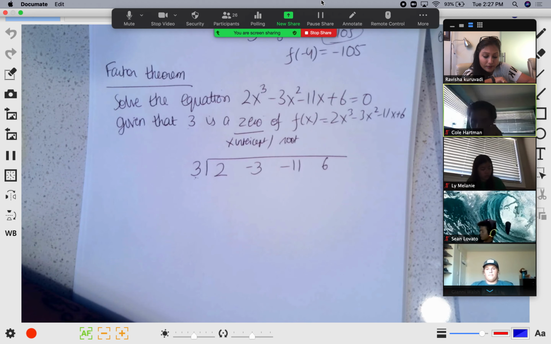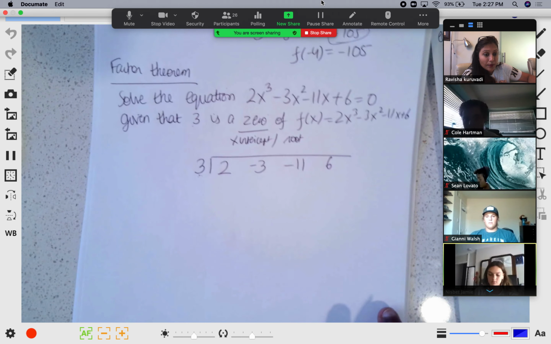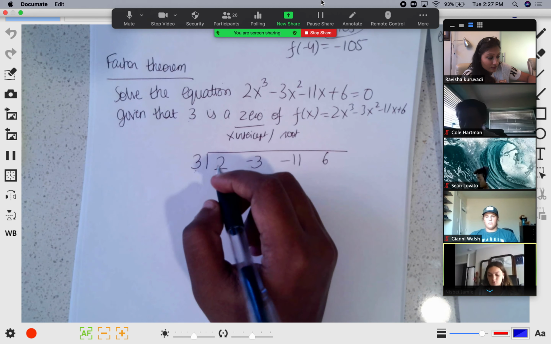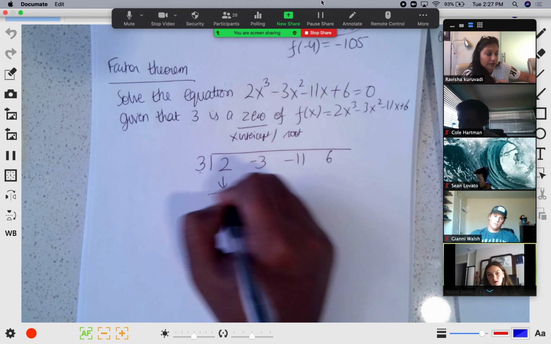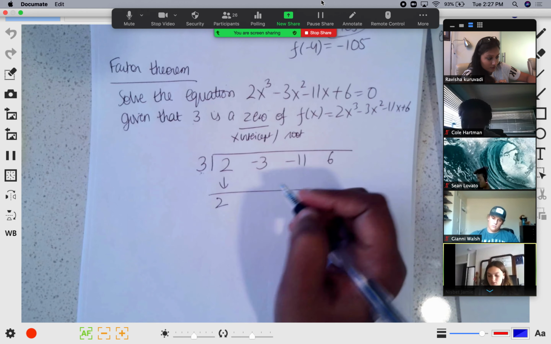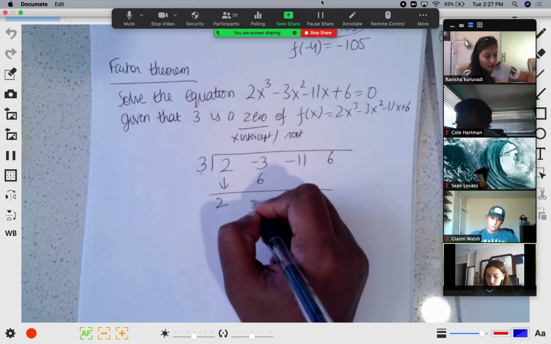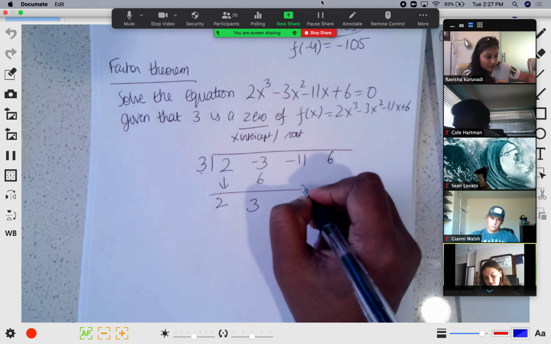Jamie, can you help me solve this? Yeah. So you bring down the 2, and then you multiply it by 3, and you get 6. And then you add those, and you get 3. And then multiply those, and you get 9.